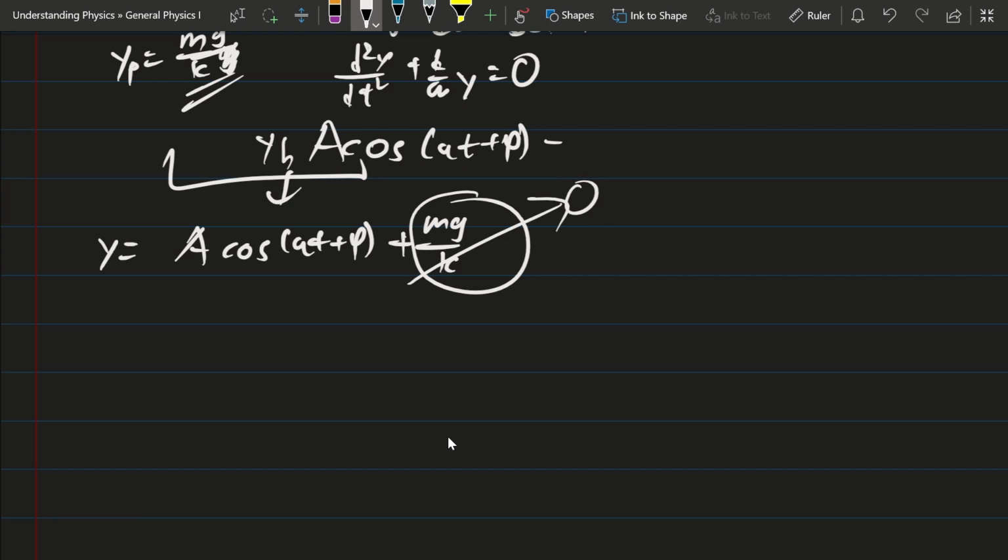Another one is the torsional oscillator. So what is this torsional oscillator really? Basically, this is a similar thing to the spring.